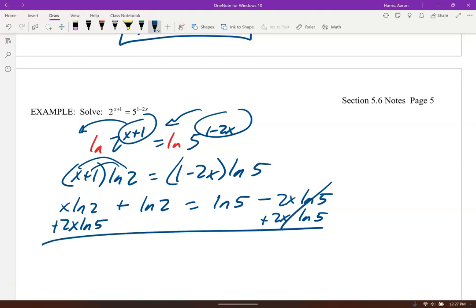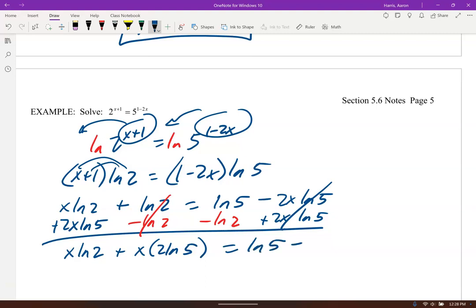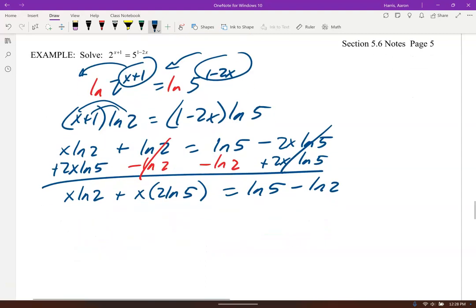And I'm going to get all my numbers on the other side. So let me subtract the number here, subtract the number here. So I have x ln of 2 plus, I'm going to write it as x times 2 ln of 5 equals ln of 5 minus the ln of 2. And so what I'm going to do here is I'm going to factor an x out of each of those.